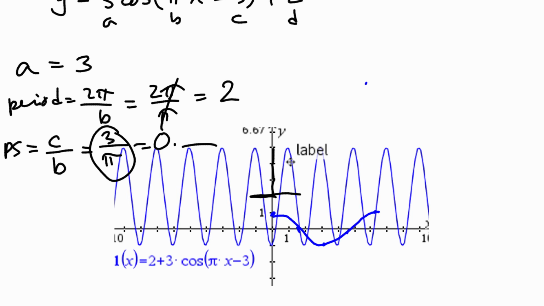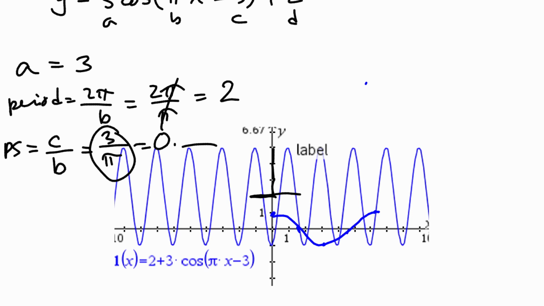Notice that this graph's period is a whole lot shorter. The period here is 2, so it starts and repeats in 2 radians. From here over to here, I go up, I come down, that's one period, and it does that in 2 radians.